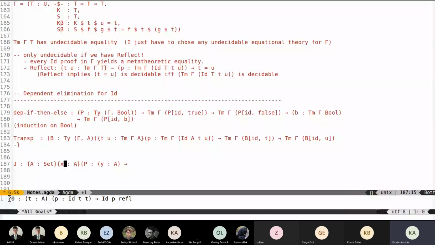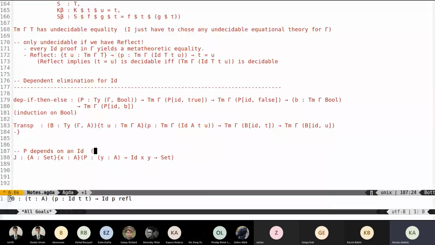So I have a P which depends on an equality proof, an ID x y. So P depends on an ID. So I want to prove something about an equality proof.